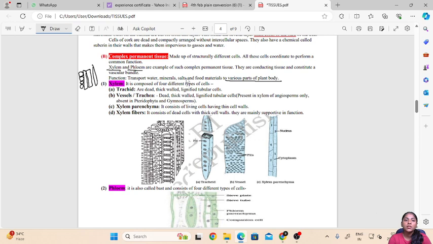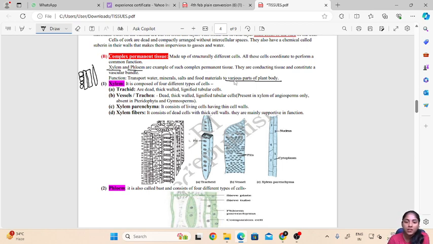The first one is xylem, and it is composed of 4 different types of cells, that is tracheids, vessels, xylem parenchyma and xylem fibers. Tracheids and vessels are usually dead cells. They have thickened or lignified tubular cells.